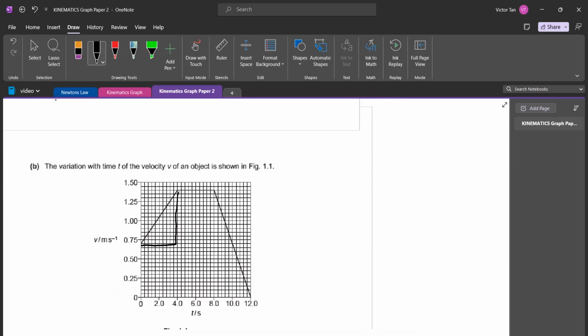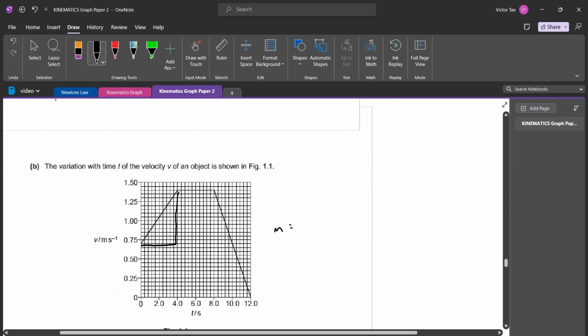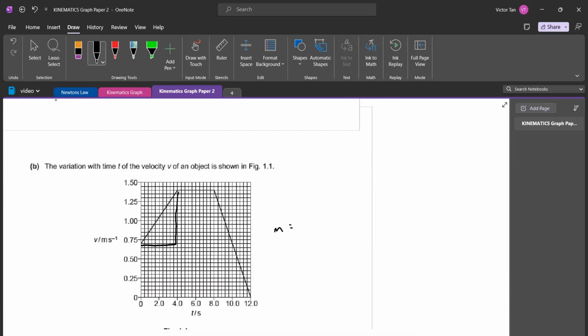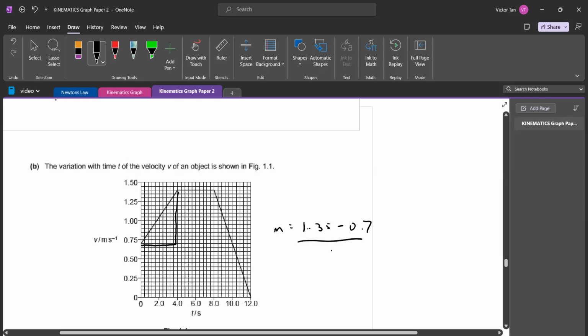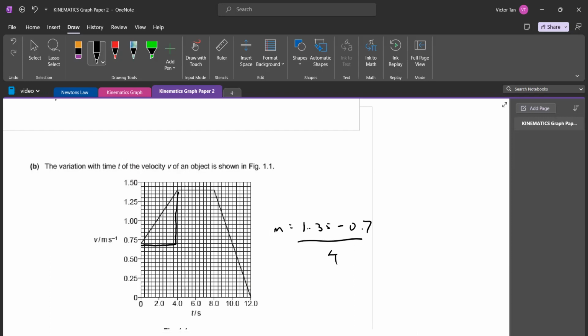So the acceleration is the gradient. 0.65 divided by 4 seconds. To three significant figures, it is 0.163.